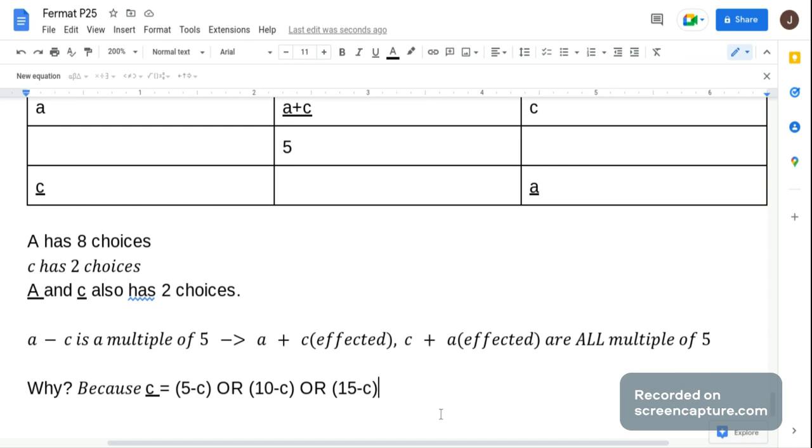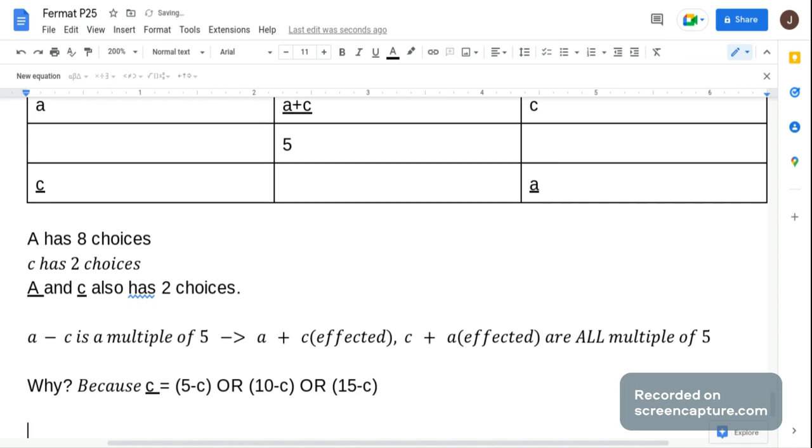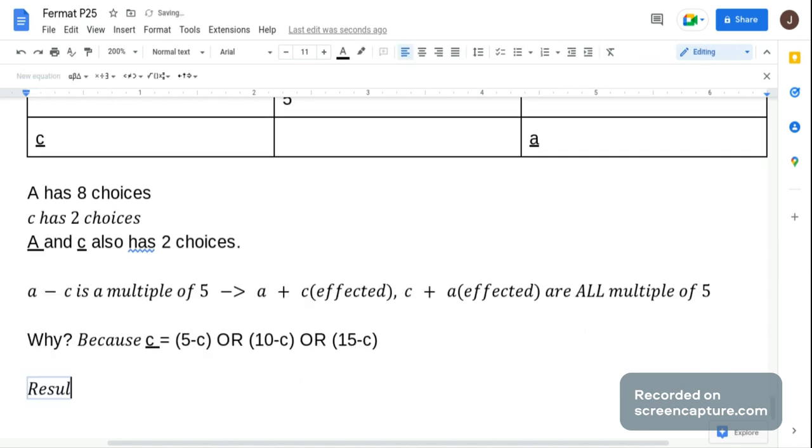Up to 15. So this means that if we plug them back to the first column, which is A and C affected, the result will be either 5 plus A minus C, 10 plus A minus C, or 15 plus A minus C. All of them are a multiple of 5 because A minus C is a multiple of 5.